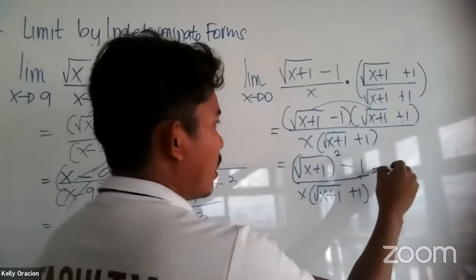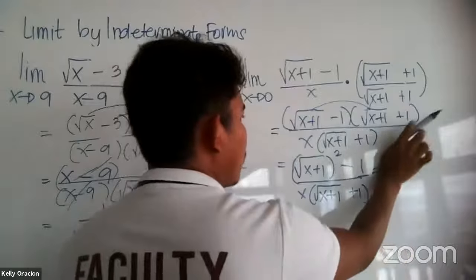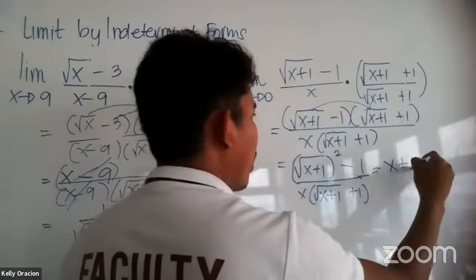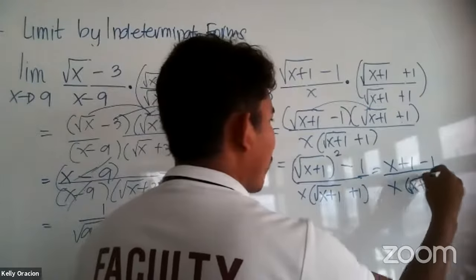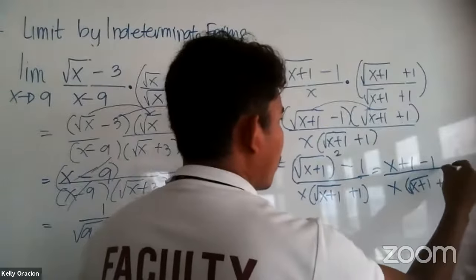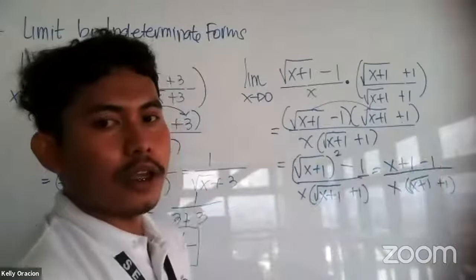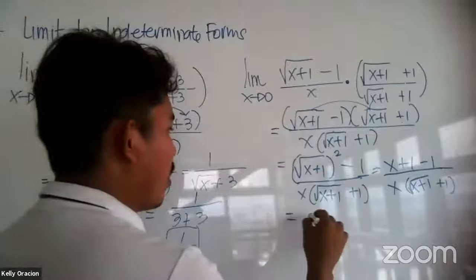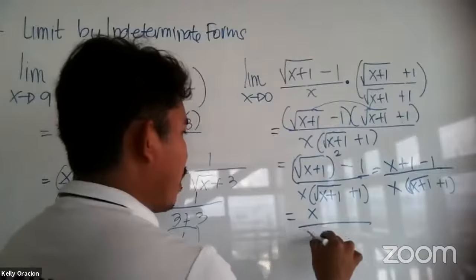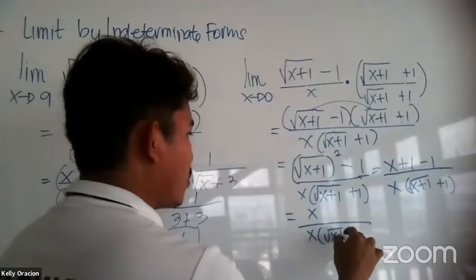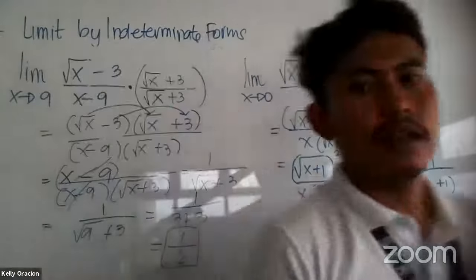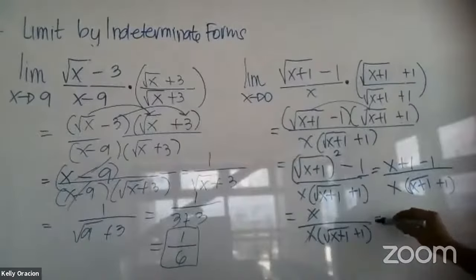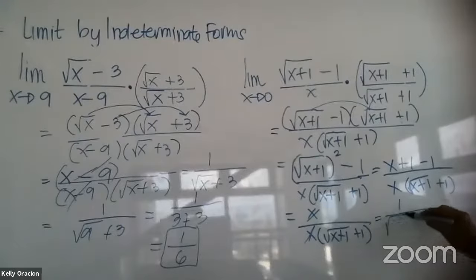The answer of this one is x plus 1 minus 1 over x times square root of x plus 1 plus 1. 1 minus 1 is 0. So you have x over x times square root of x plus 1 plus 1. Add na ay makancel? Makancel ang x. So naiwan 1 over square root of x plus 1 plus 1.